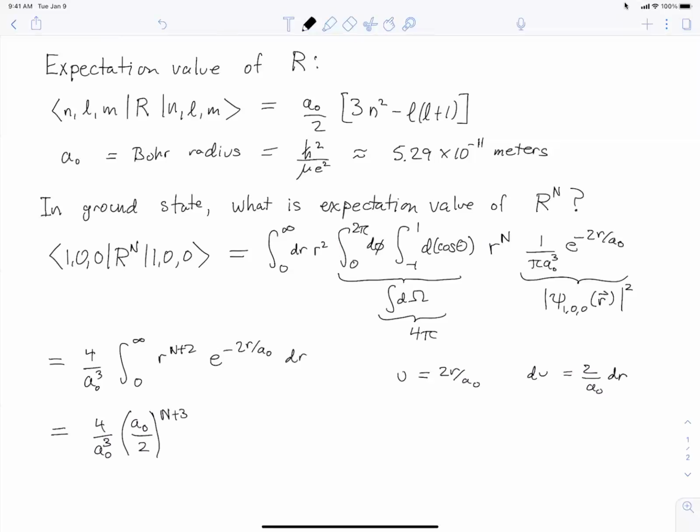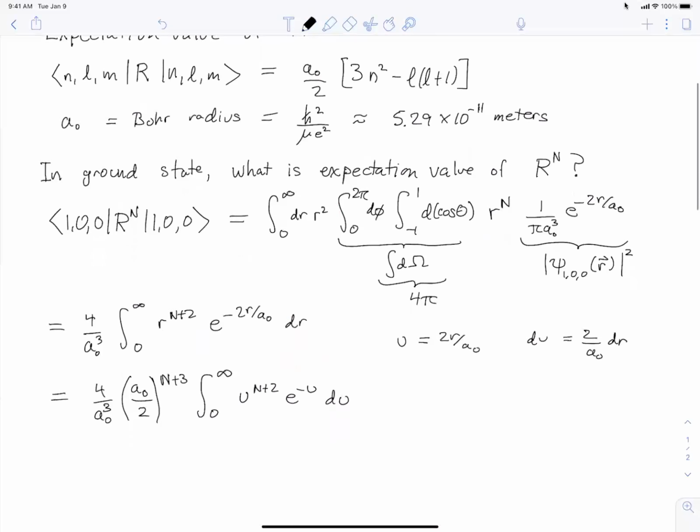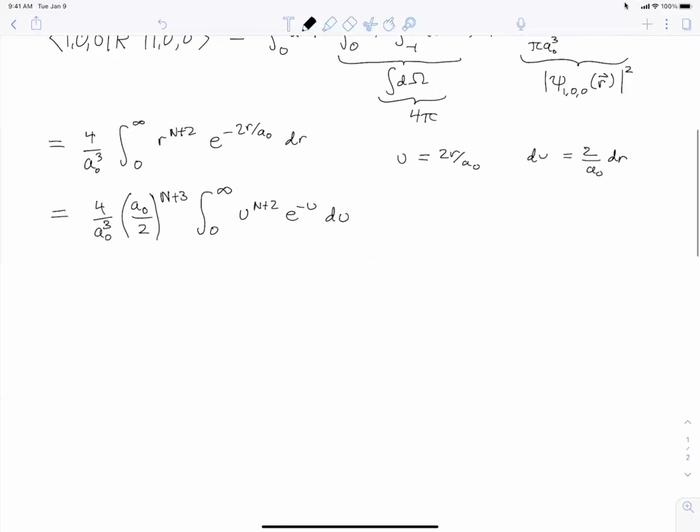There's n plus 2 from the dr, and then there's this part that gives the other factor. And then what's left is a dimensionless integral, 0 to infinity, u to the n plus 2, e to the minus u du. Dimensionless integrals are good because this one is just something one can easily look up.